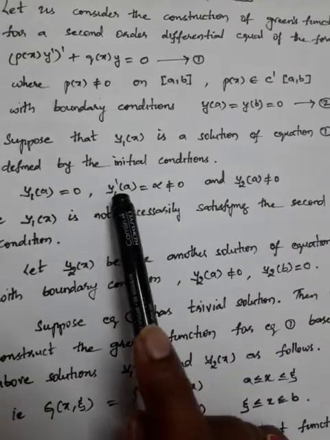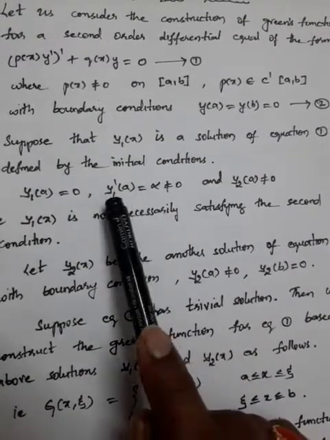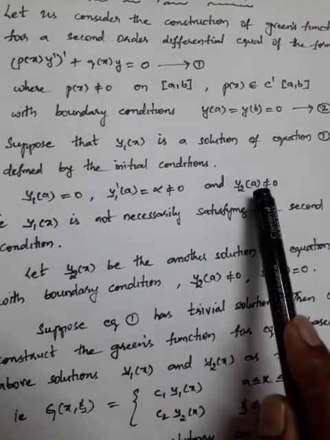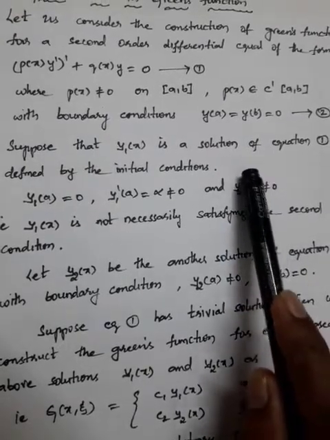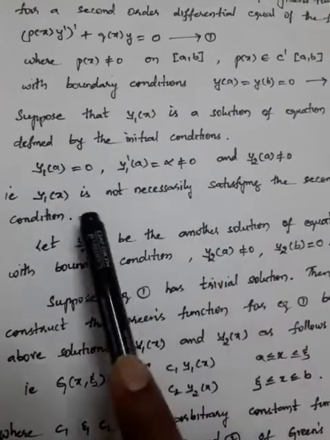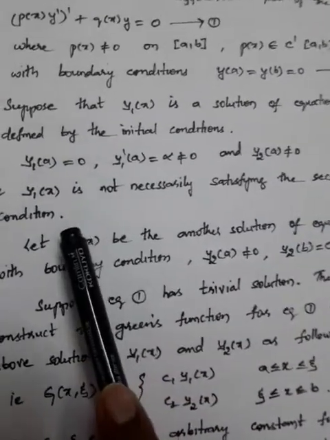That I am taking as y'(a) = alpha, which is not equal to 0, if I take the differentiation. Therefore y1(x) is not necessarily satisfying the second boundary condition.